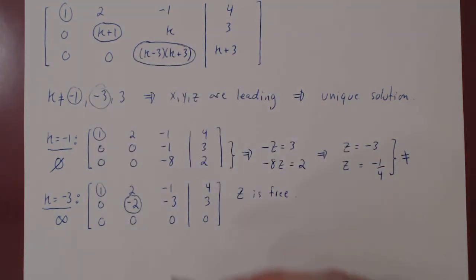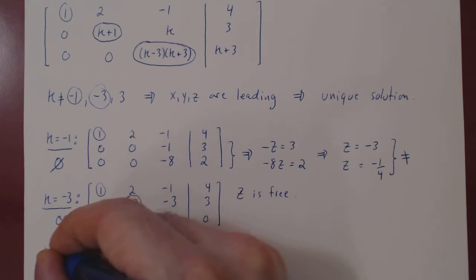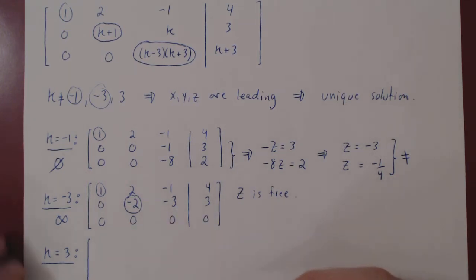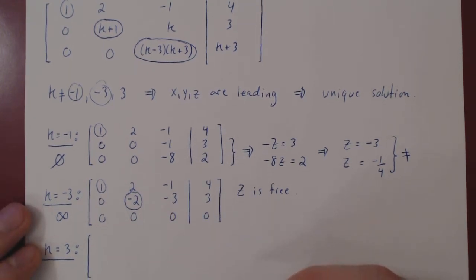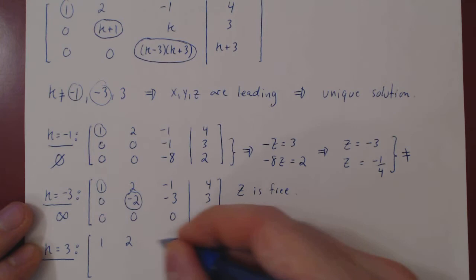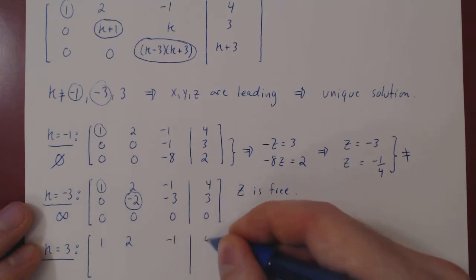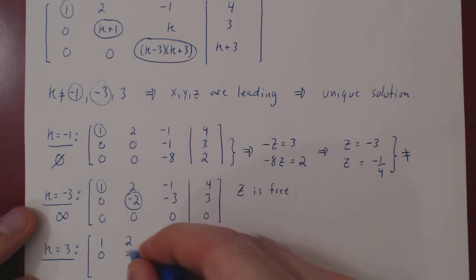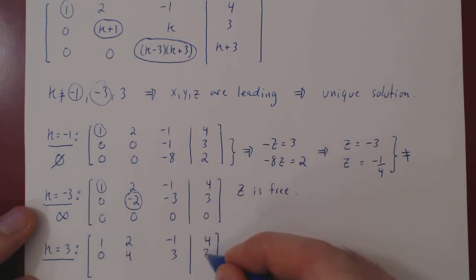Now to our final exceptional value of k, when k equals 3. Let's see what we get in this case. So we get the first row is the same, as there's no value of k in the first row. Then we'll get 0. K is 3 now, so we get 4, 3, 3, 0, 0, 0, 3 plus 3, 6.